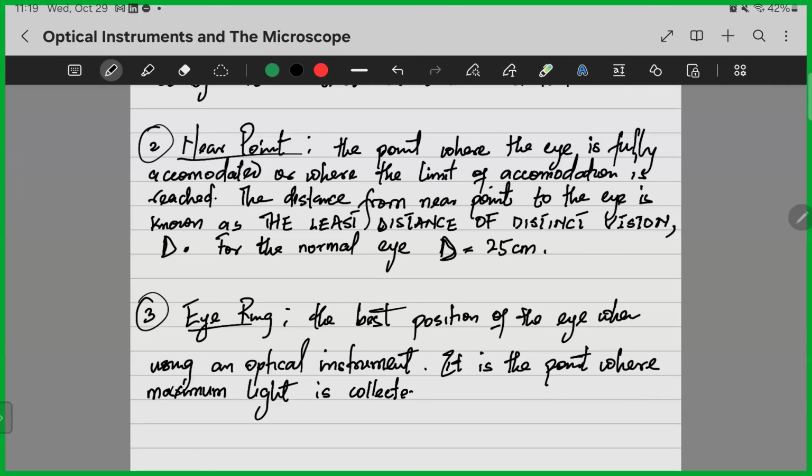For a simple microscope, it is made up of one converging lens with the object between the principal focus and the lens.